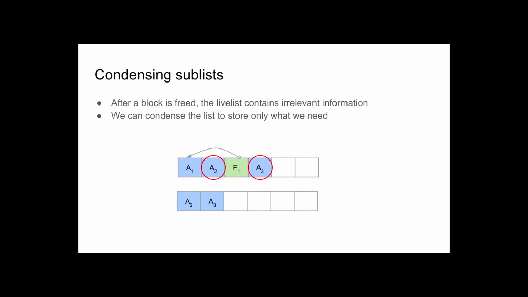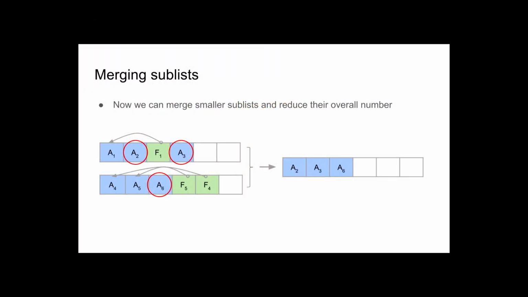So we basically use the exact same algorithm we use for deletion to determine which are the still living block pointers, which are 2 and 3, and we just get rid of the ones that are no longer alive. So that reduces the amount of disk space we're using. We're no longer storing these block pointers that we don't care about. Can we reduce the number of sublists we're using?